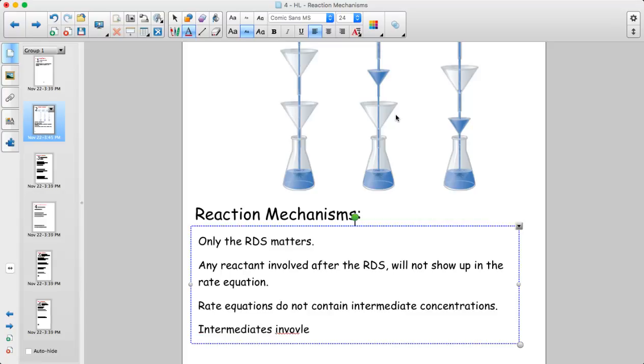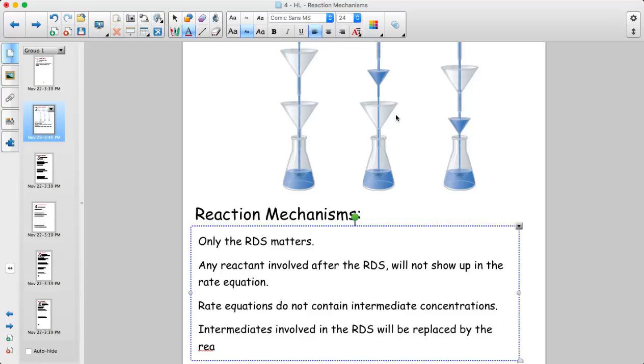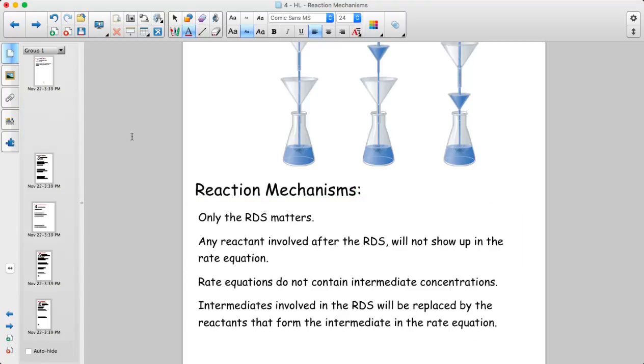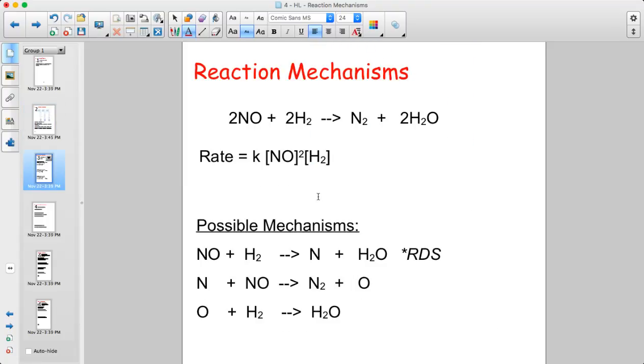Intermediates involved in the rate determining step will be replaced by the reactants that form them in the rate equation. Okay, so those are sort of the 4 takeaways about rate reaction mechanisms. Let's see it in practice.